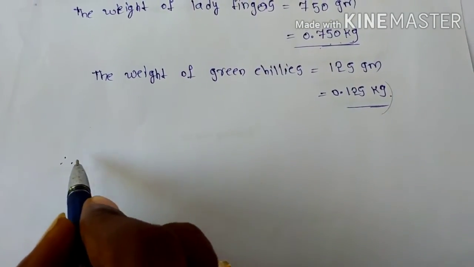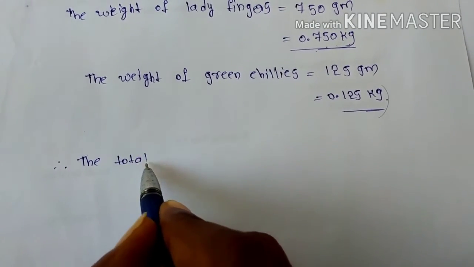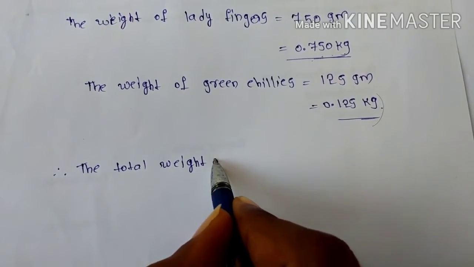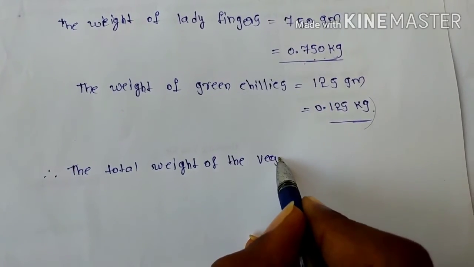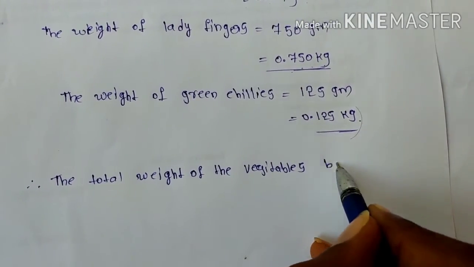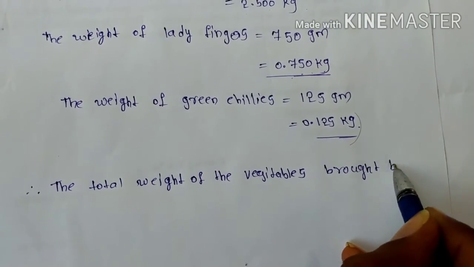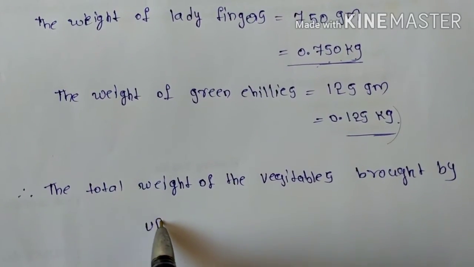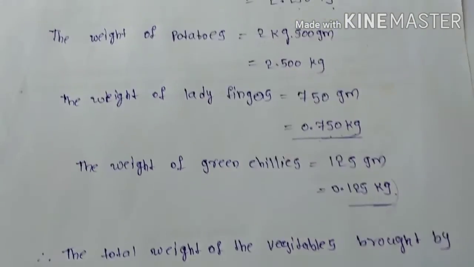Therefore, the total weight of the vegetables brought by Upendra is equal, just you can add all of them together.